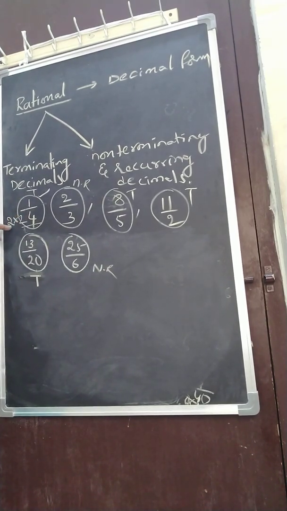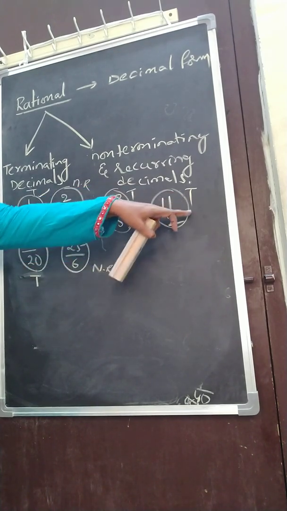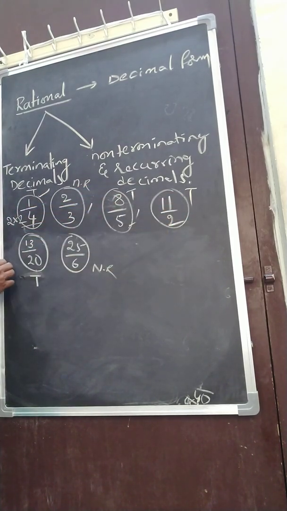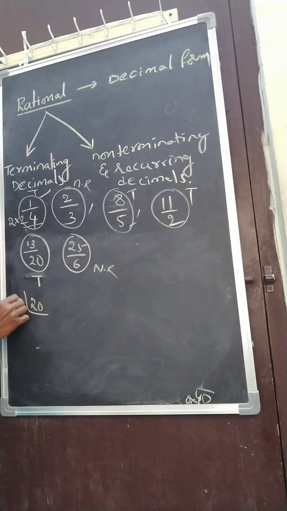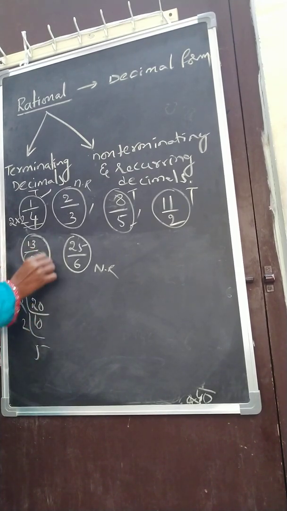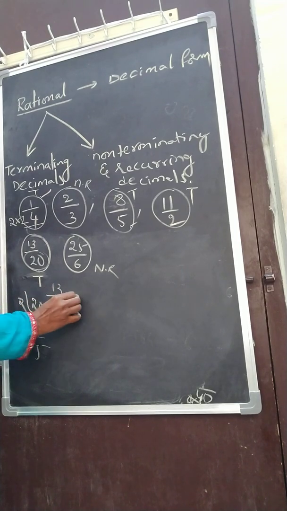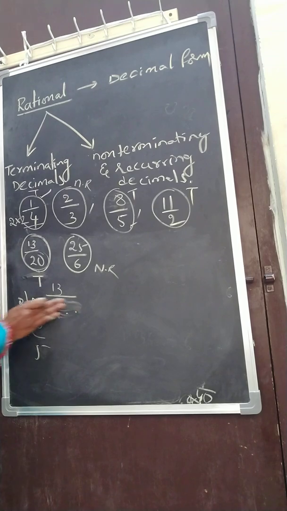So the factors are 2 into 2. Next here 5. It is also terminating. 2 is there. 20, if you split into prime factors, 2 twos and a 5. So we can write the denominator 20 as 2 square into 5, or 2 into 2 into 5.